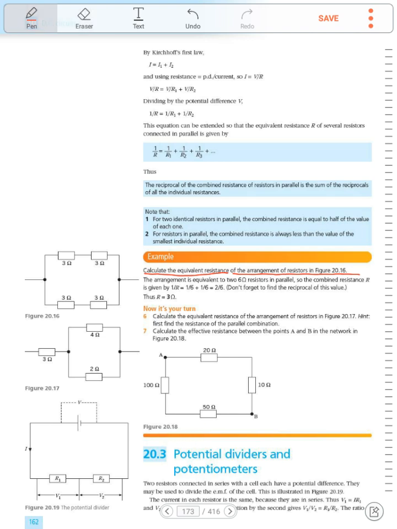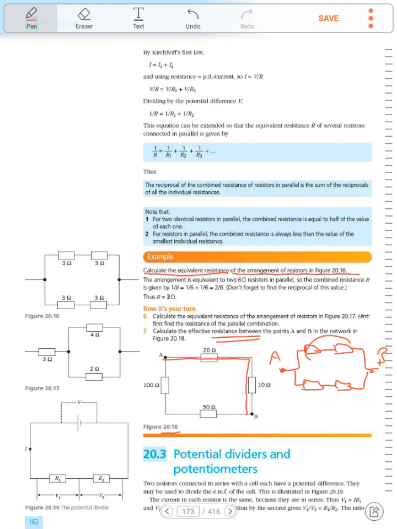Here in figure 20.18, calculate the effective resistance between points A and B in the network in the figure. So you can find the total resistance from A to B. You can draw this like here: A, 20 ohm and 10 ohm in series, and this is B. And we have 100 ohm and 50 ohm in series also.